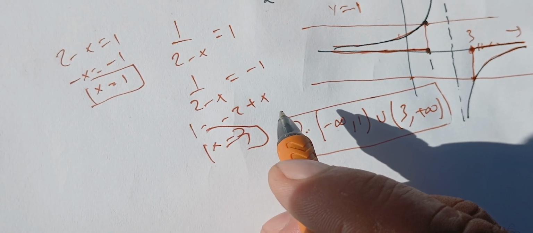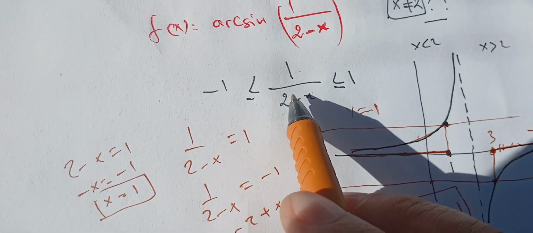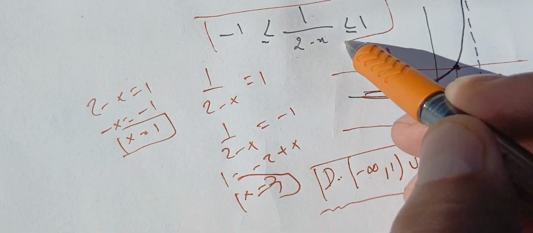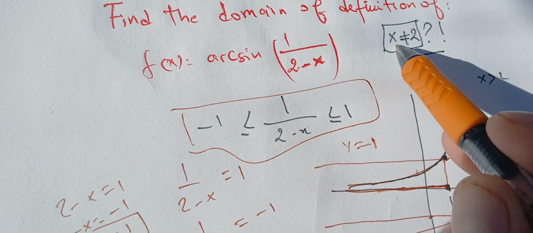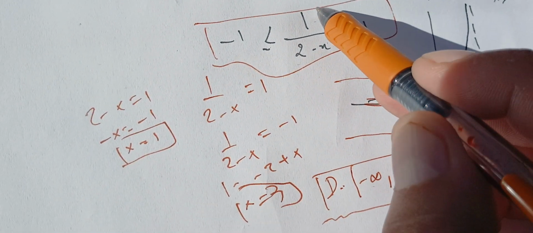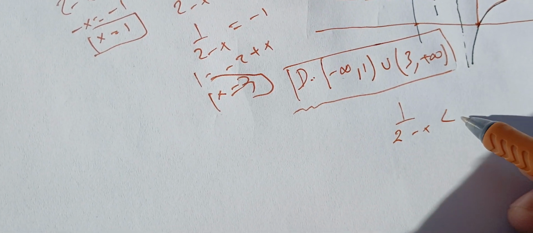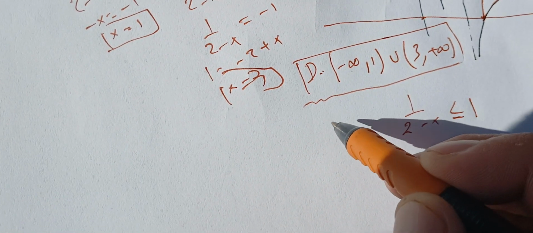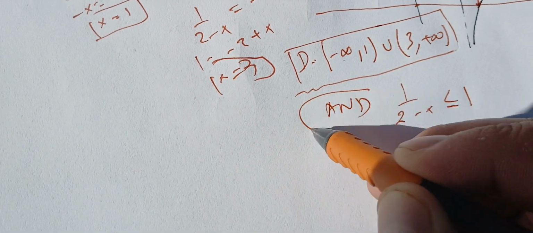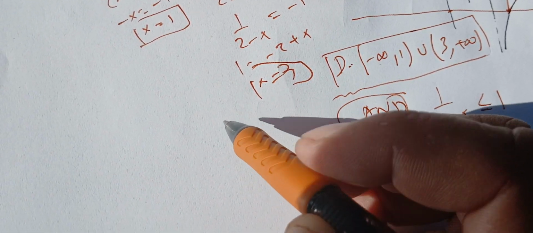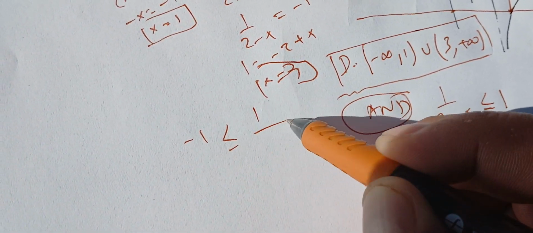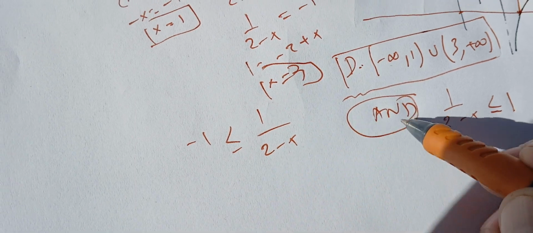Okay, another way is to solve this without forgetting that x is different from 2. So to simplify this one, we need to solve 1 over 2 minus x is less than 1, and also minus 1 is less than 1 over 2 minus x. So we've got to solve here.